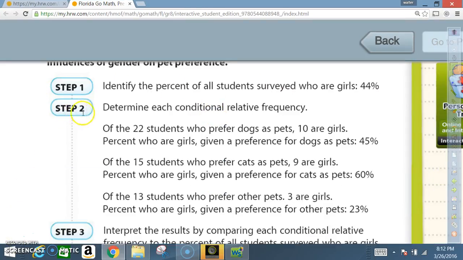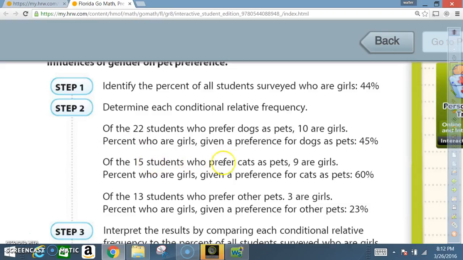All right, now step 2, you're also going to need that same table from page 458. Determine each conditional relative frequency. Of the 22 students who prefer dogs as pets, 10 are girls. Percent who are girls, given a preference for dogs as pets, would be 45%.